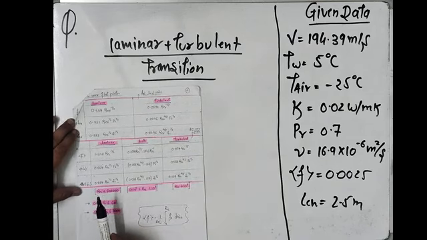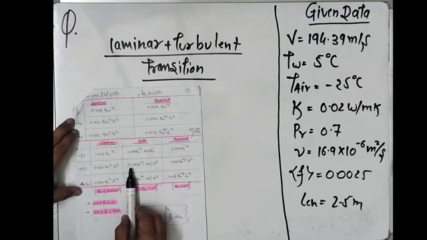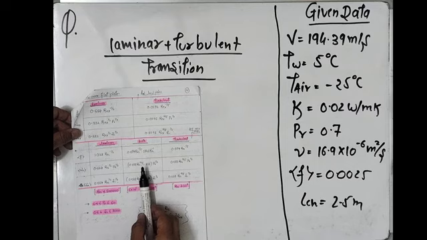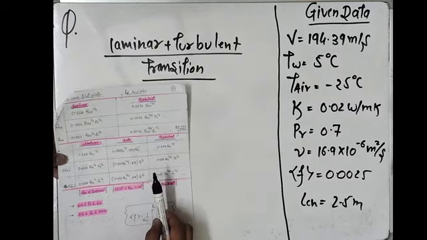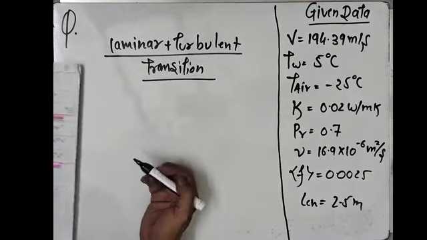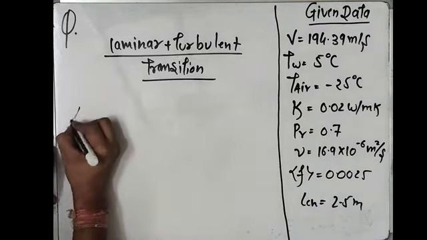Here we will see the Nusselt number. The Nusselt number is given as 0.037 Re_L to the power 4 by 5 minus 871 into Prandtl number to the power 1 by 3. Let's write down this equation.